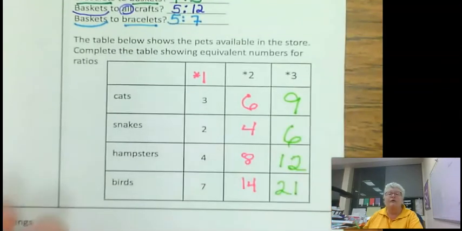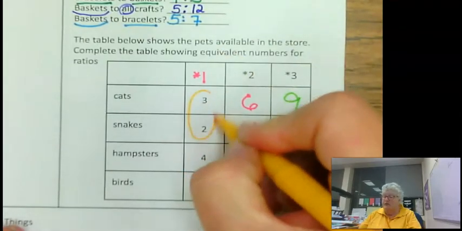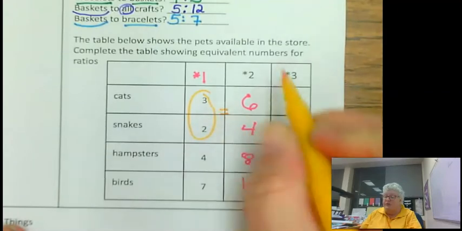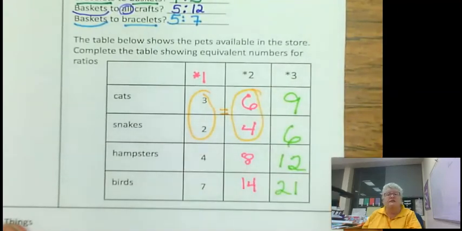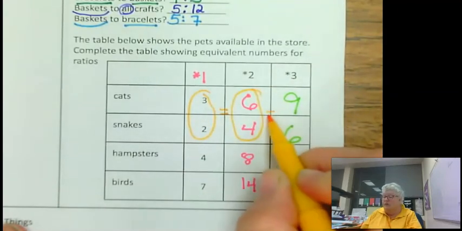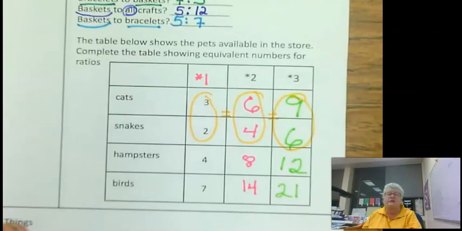These are equivalent ratios, okay? If I say, what is the ratio of cats to snakes? Cats to snakes. So I can say I have 3 to 2, which is equal to 6 to 4, which is also equal to 9 to 6.